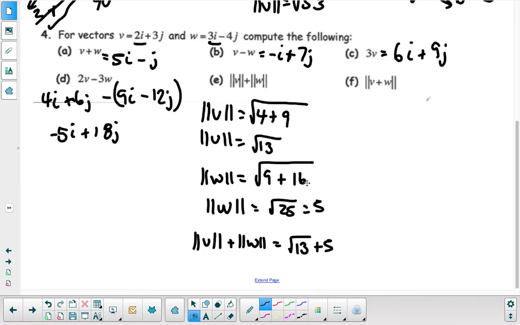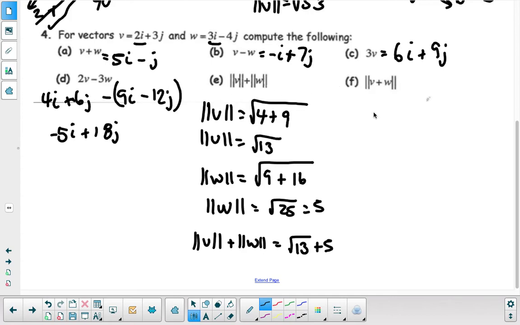Be very careful, these mean different things. You might get that clue because they are two separate problems, but it's not adding the resulting magnitudes, and that's it. You need to find what this vector is. We already did the work here, but we need to figure out what this vector is and then find the magnitude of that vector.